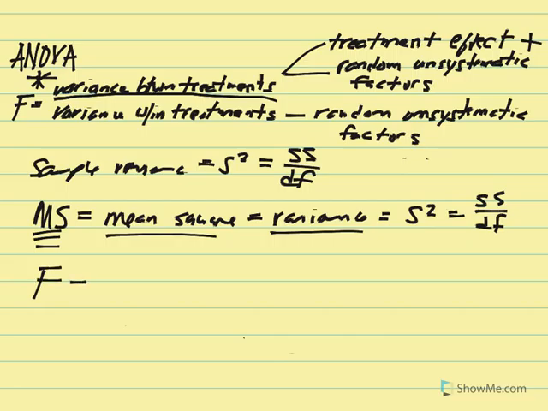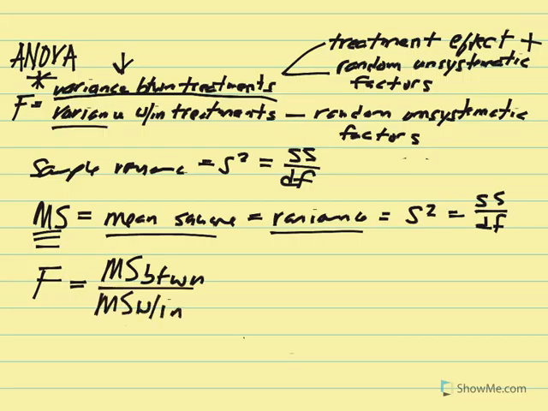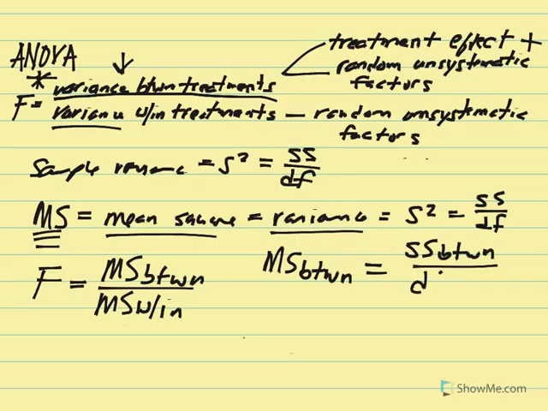So our F ratio will boil down to this equation: MS between, again, MS is the same as variance, variance between, which we see here, over MS within, which is the same as saying variance within. And we'll learn that MS between is calculated by taking SS between over its corresponding degrees of freedom.